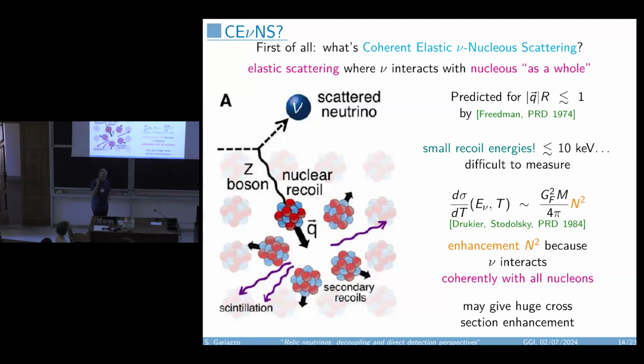So instead of interacting just with one of them, it interacts with all of them. That means that the cross-section gets an enhancement which is proportional to the number of nucleons in the coherent volume. Since the coherent volume depends on the neutrino energy, for lower energies we have a larger coherent volume, so a larger increase of the cross-section.